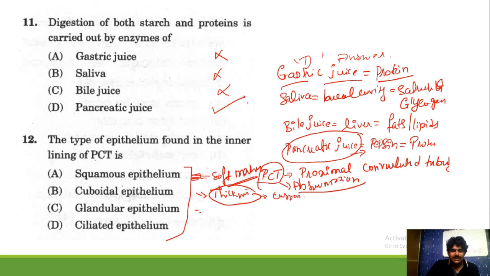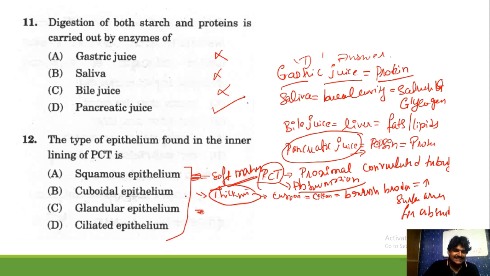This cuboidal epithelium will also have a brush border over it, which increases the surface area for absorption.